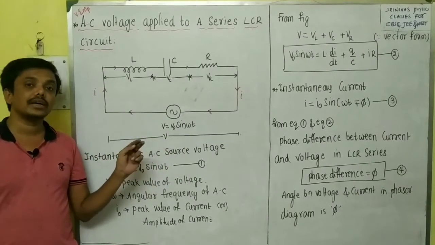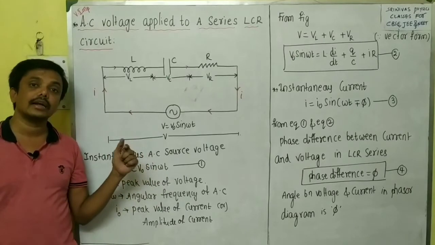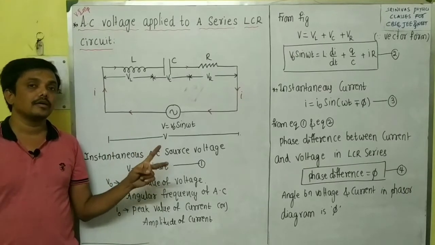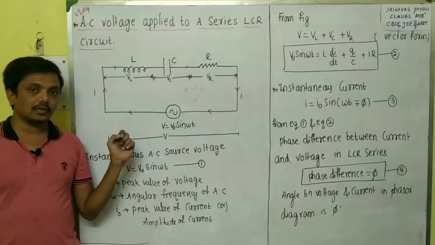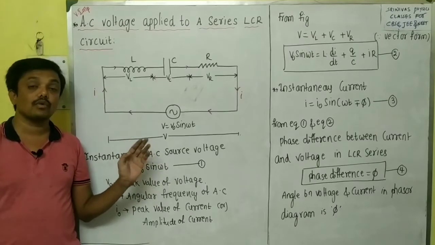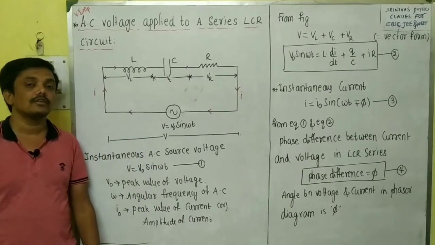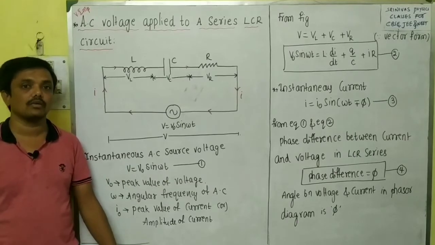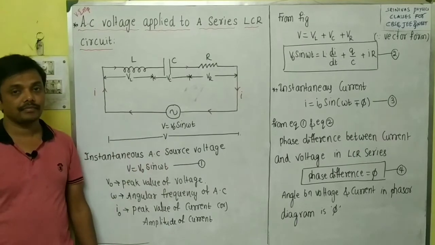The diagram in which the alternating current and voltage are indicated by rotating vectors in the anti-clockwise direction is called a phasor diagram. Taking the current as a vector is called a current phasor, or voltage phasor. Note every point.